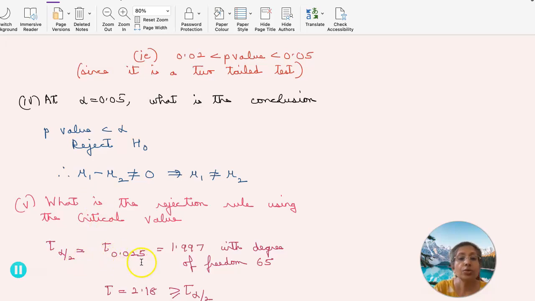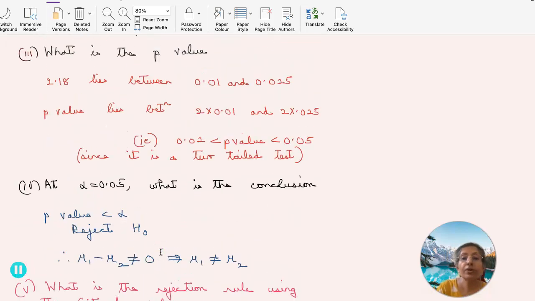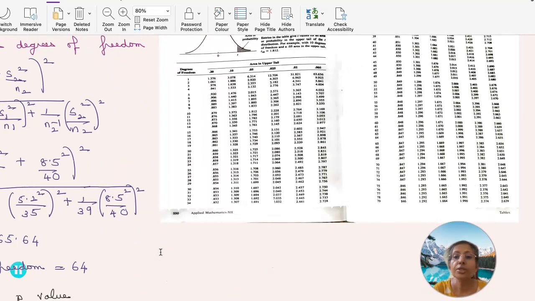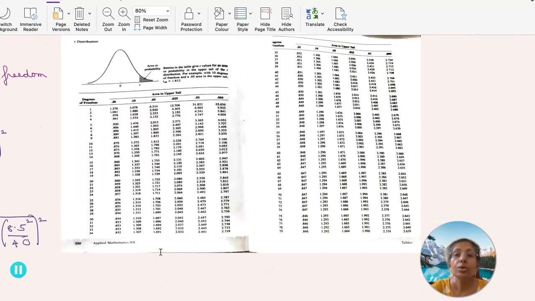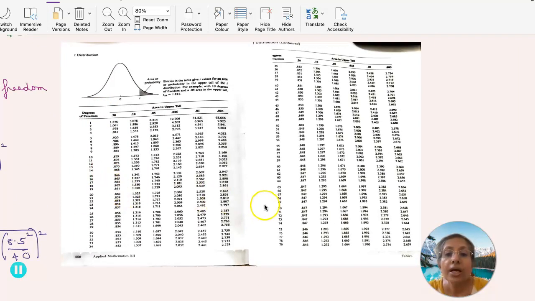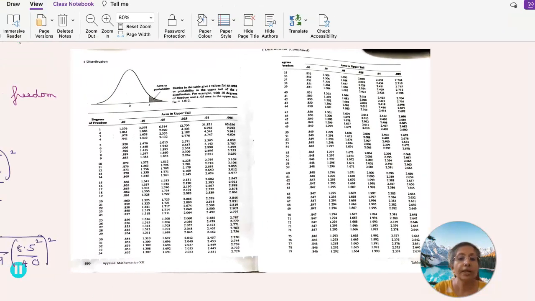So this is 0.025. And again, if you look at t 0.025 with degree of freedom 65, you go up to 65 and t 0.025, and you will get it as 1.997 here. You can use the t distribution table which is available online.